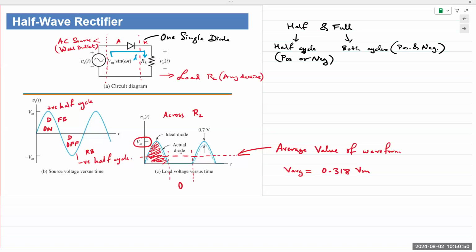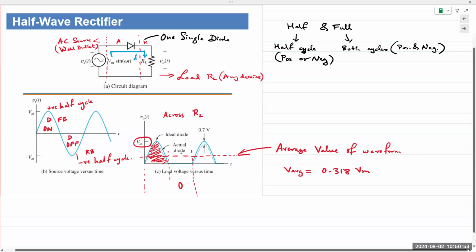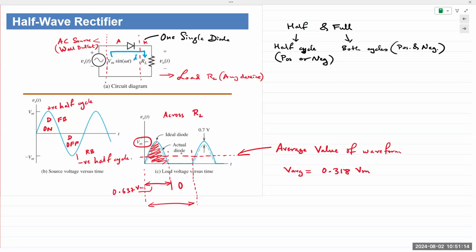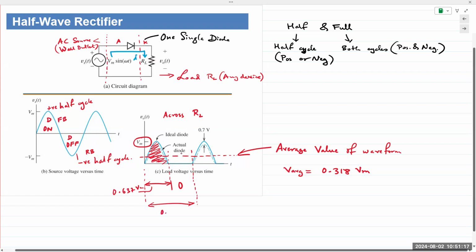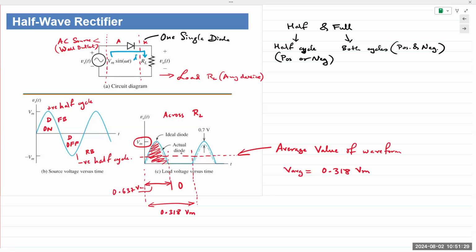But if we integrate from here to here, the first time period, this would be 0.637 times Vm. But because we are considering one full cycle of the AC voltage, we have to take the DC corresponding to that one time period. So then this becomes 0.318. And that's the biggest drawback of a half-wave rectifier. Does that answer your question? Yes. Okay.